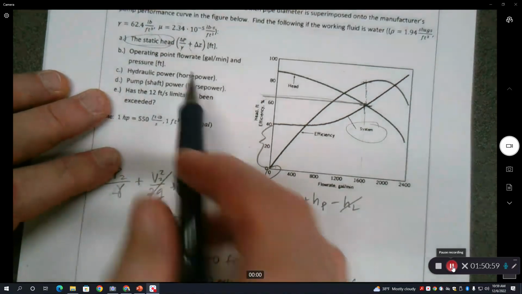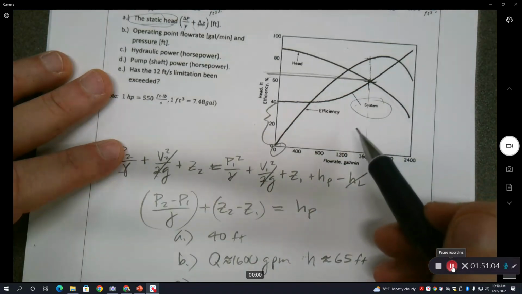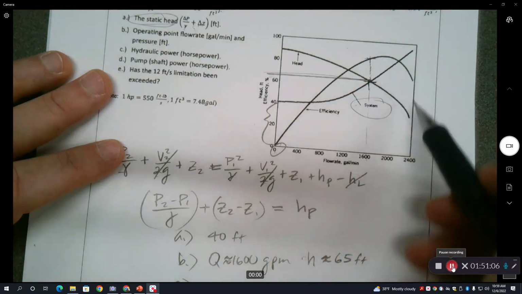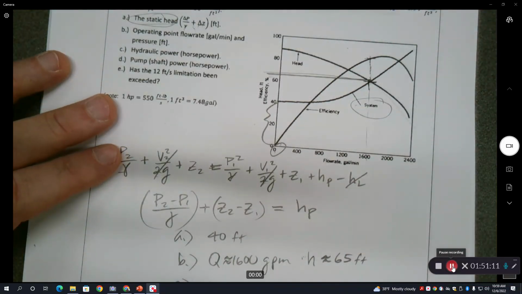The hydraulic power, and power isn't on this right there. Efficiency is though. So you go H gamma, and then Q, or V dot, right there, and we divide that by 550.